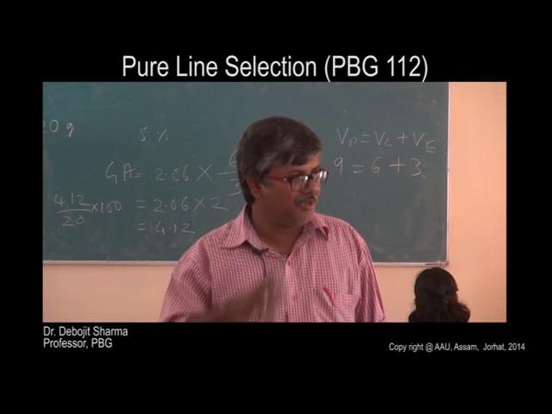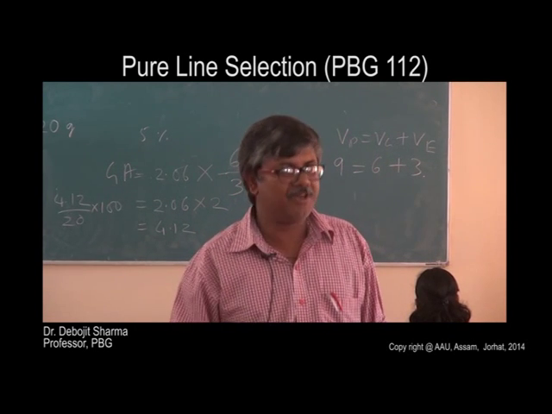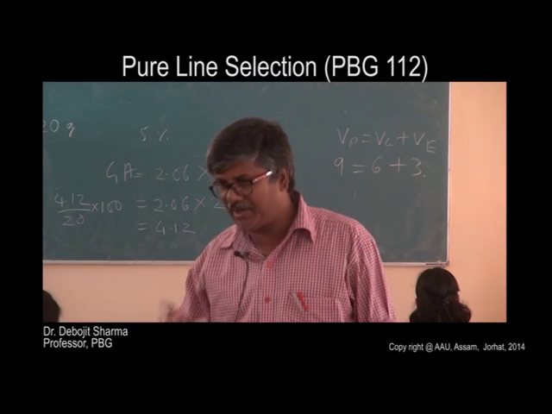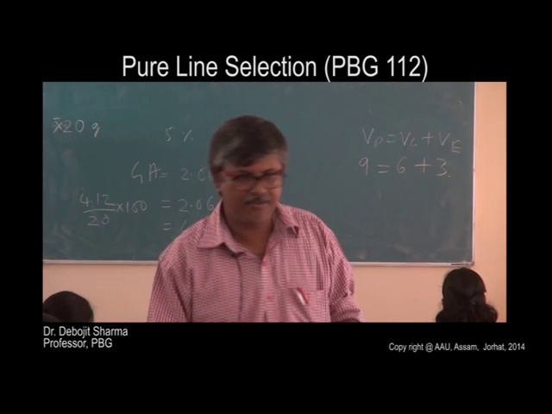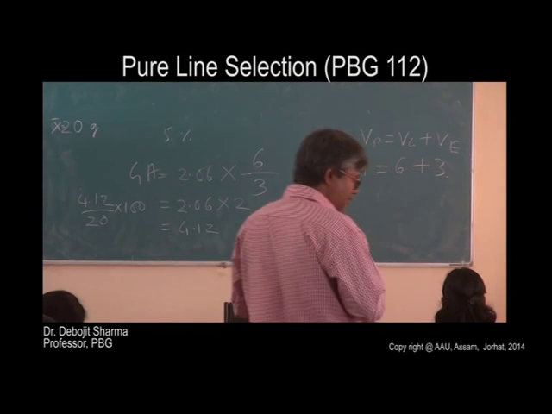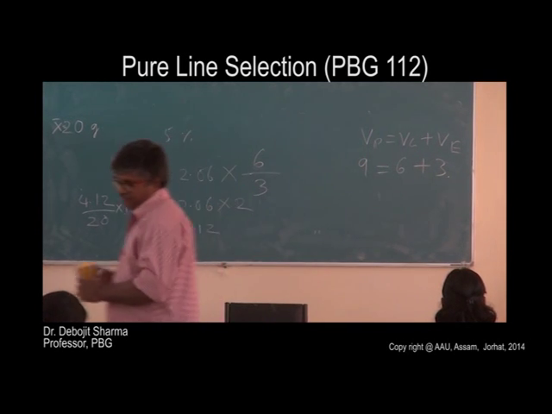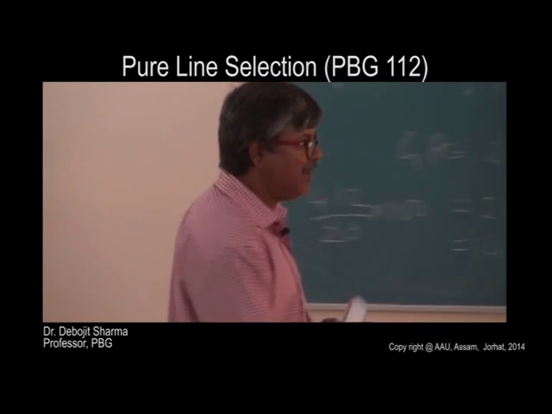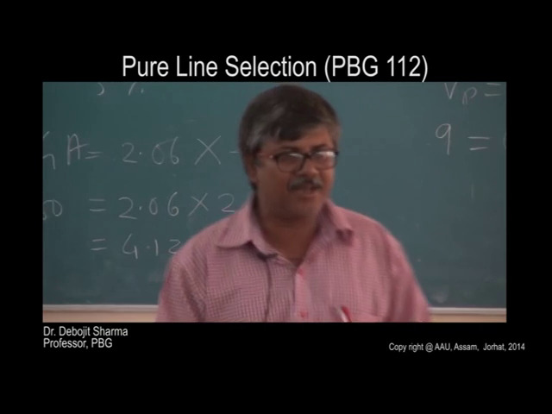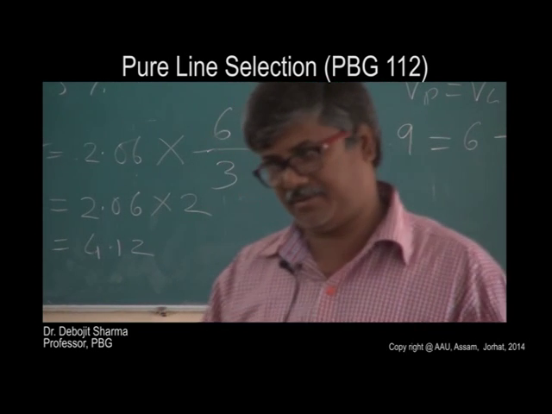In that case, you are advised to grow the population in several locations to find out the genotype environment interaction. We will talk about this in a later class. Okay, if you have any question? If you have any question, because this will be continued in the next class, you can also ask me in the next class.